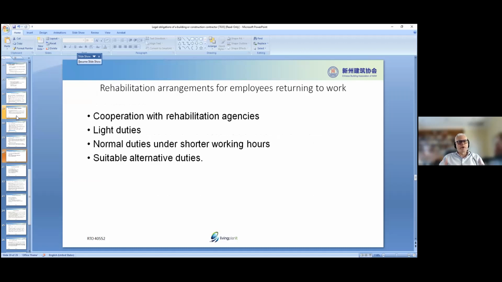So I brought him back, and he was doing just general work in the warehouse we had, just work that he could physically do. And that's something that is discussed between the doctors and you as an employer. So he might do light duties, normal duties under shorter working hours, or alternative duties. So it really depends on the situation.